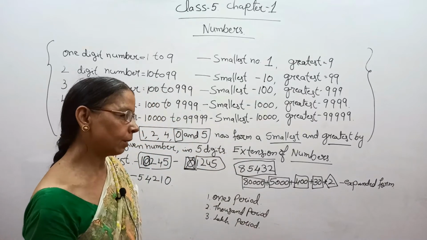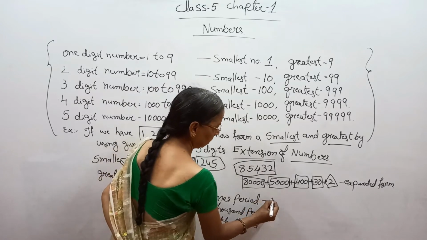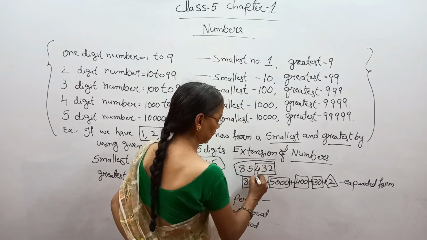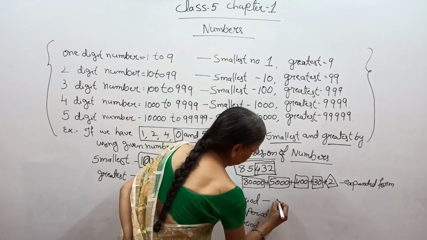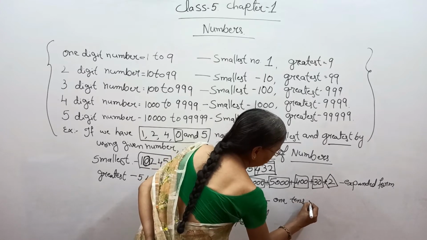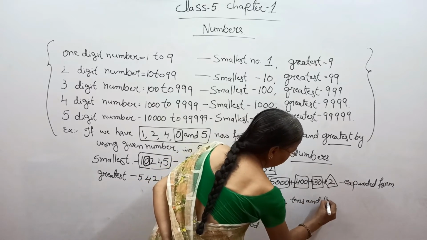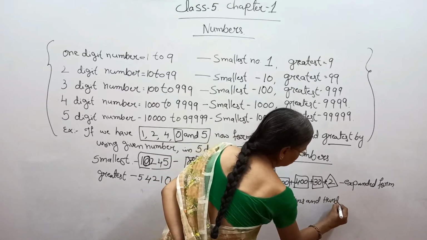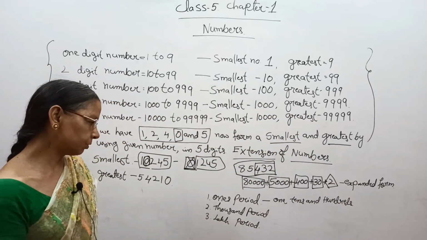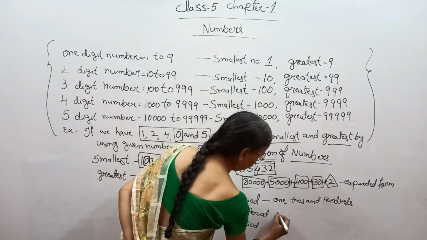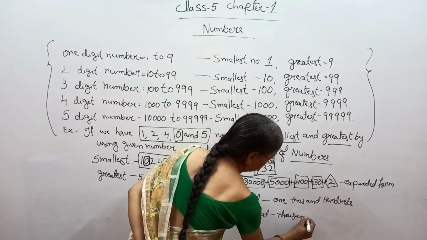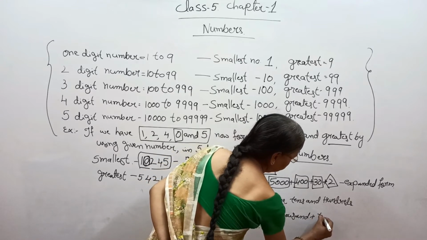Under ones period, we get numbers of 3 places, that is ones, tens and hundreds. Then in thousands period, that is 1,000 plus 10,000.